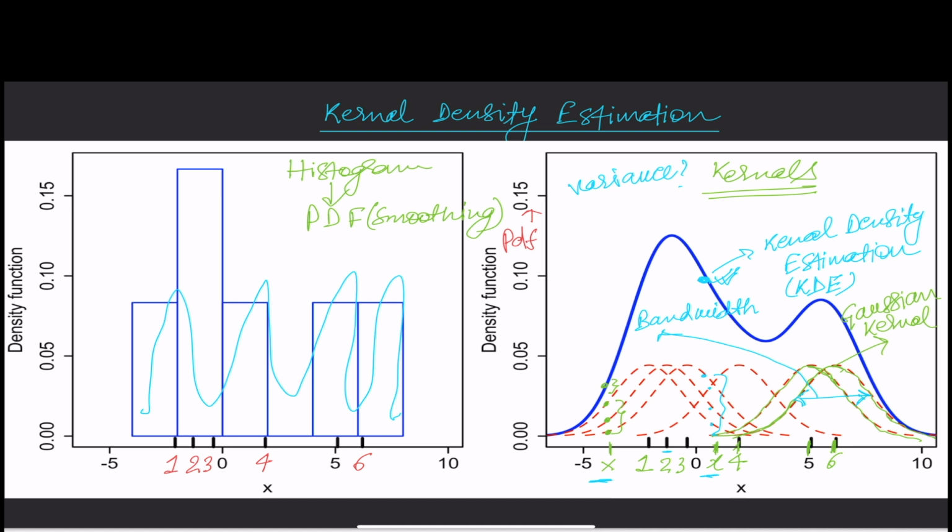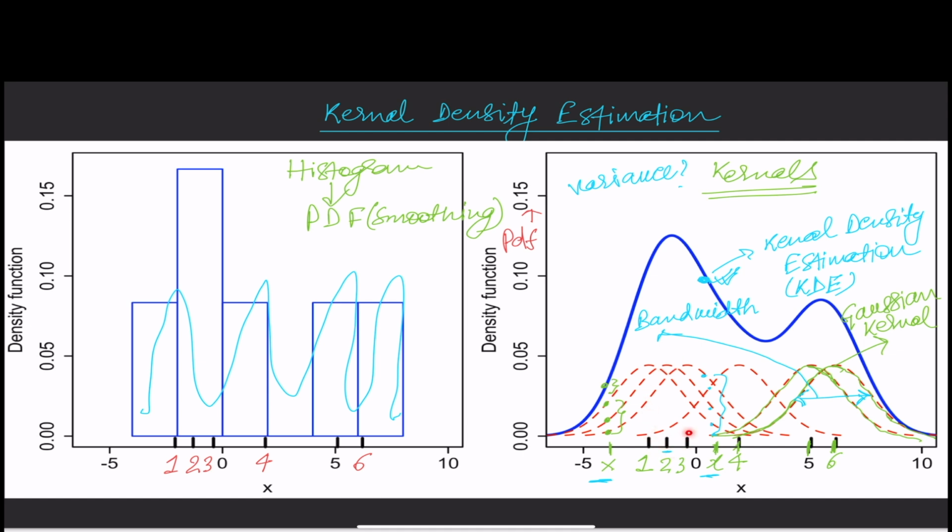So why is this intuitively right? Let's say there are more points in the neighborhood, so let us assume in this area, around this point, there are two other points, this point and this point, which means corresponding to this point, you will find a lot of densities.